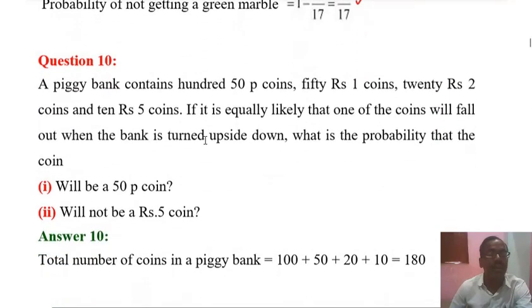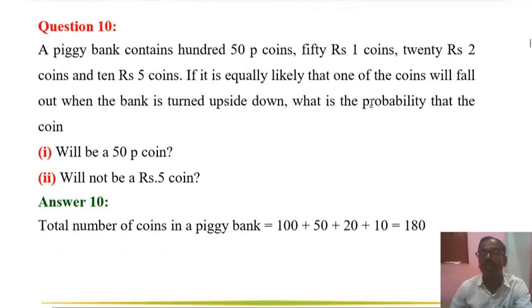A piggy bank contains 100 50 paise coins, 50 rupees 1 coins, 20 rupees 2 coins and 10 rupees 5 coins. If it is equally likely that one of the coins will fall out when the bank is turned upside down, what is the probability that the coin will be a 50 paise coin, will not be a rupees 5 coin?